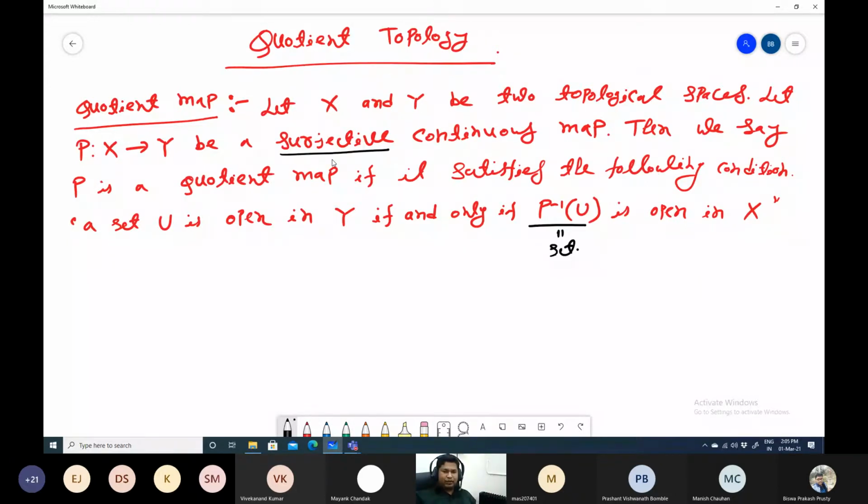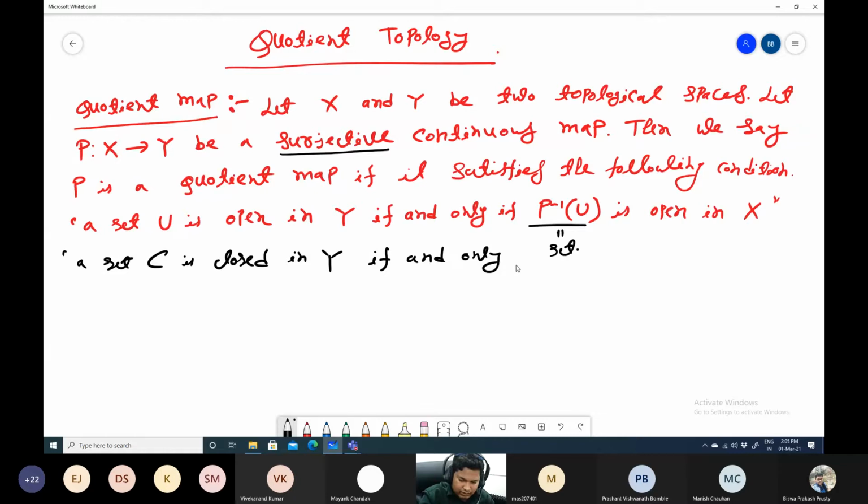Okay. Now equivalently, we can also say that P is a quotient map if a set C is closed in Y if and only if P inverse C is closed in X. This is the equivalent condition.